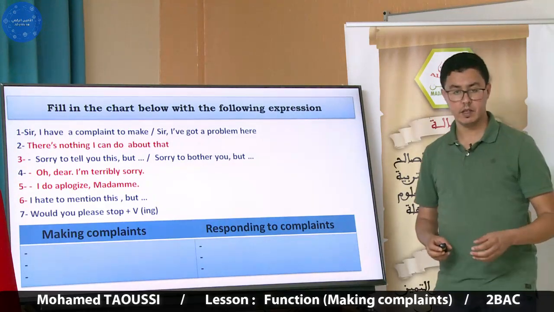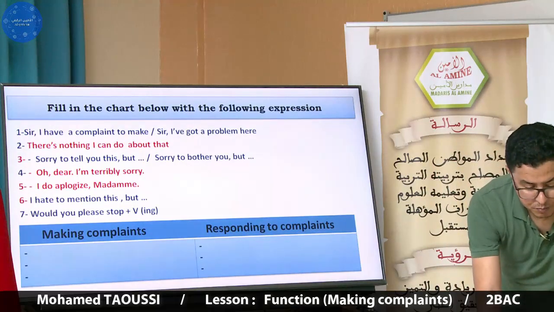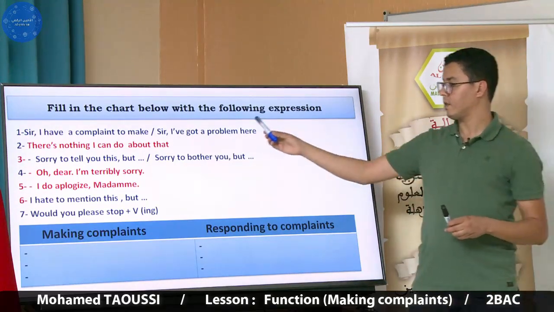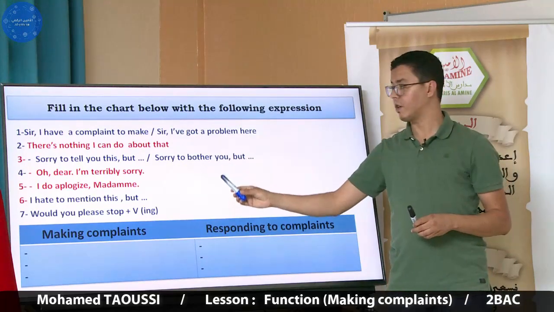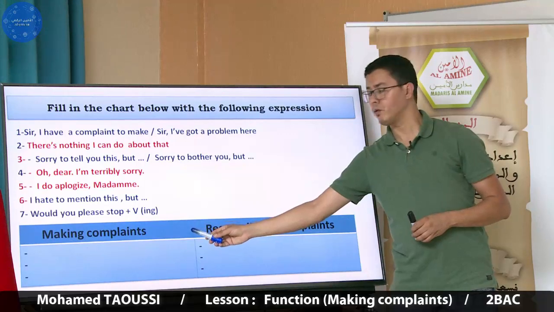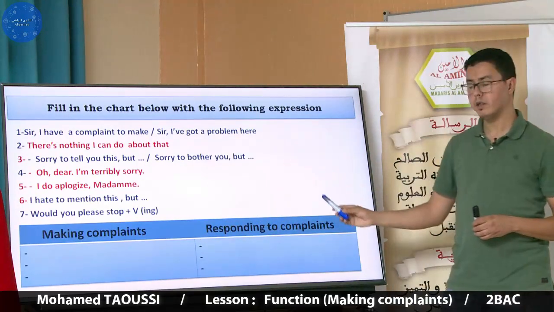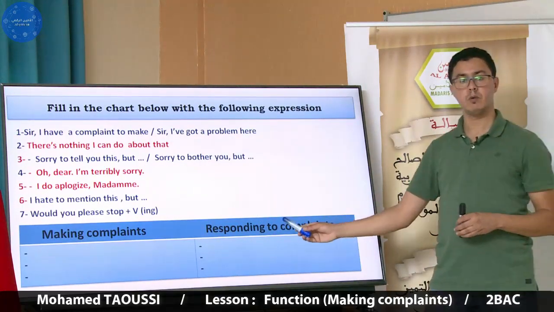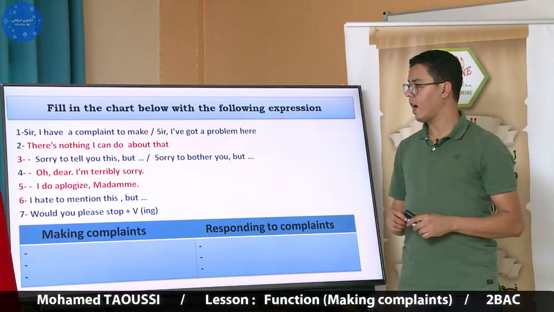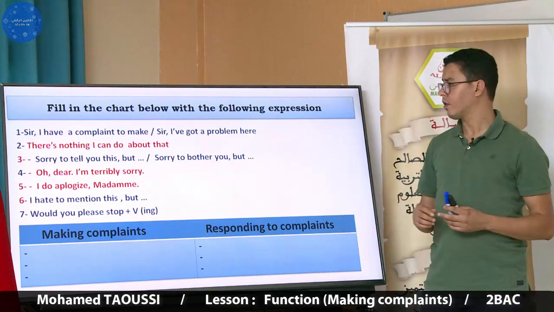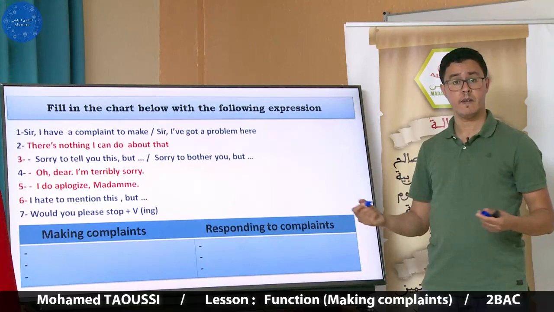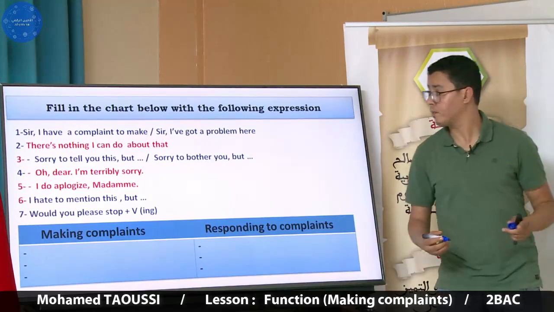There are some expressions as you see here, and we are going to classify them: which expressions we can use to make a complaint, and which ones to respond to a complaint. First one: Sorry, I have a complaint to make, or sorry, I have got a problem here. So it is making a complaint.